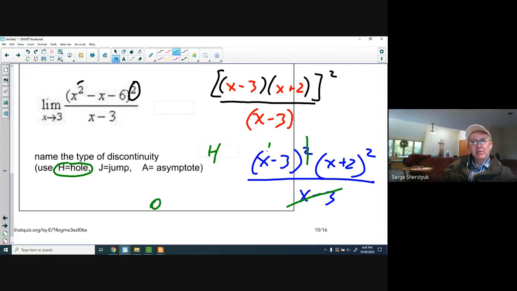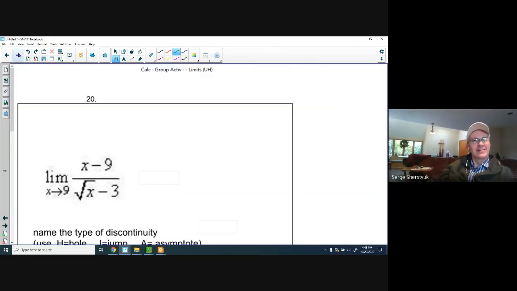Plug 3 in here. And the 3 here really doesn't matter, because that's a 5. So it's 5 squared, and divided, there's nothing. So the answer here is 0. It approaches 0. And it was a hole discontinuity. Man, that was a hole.